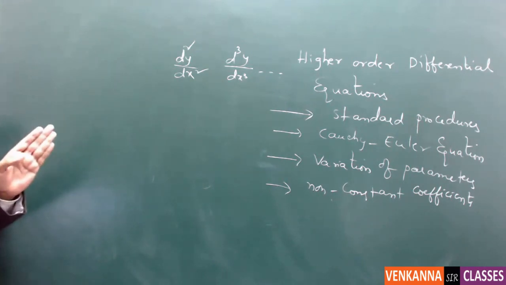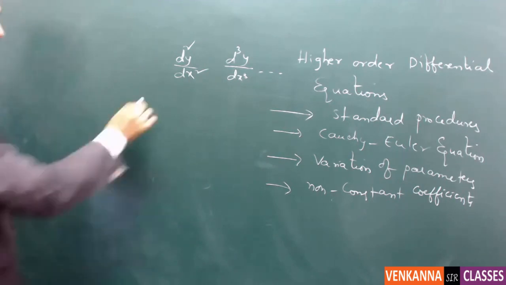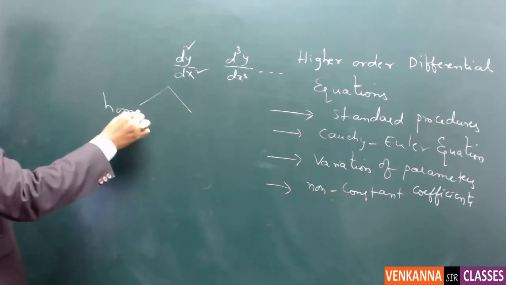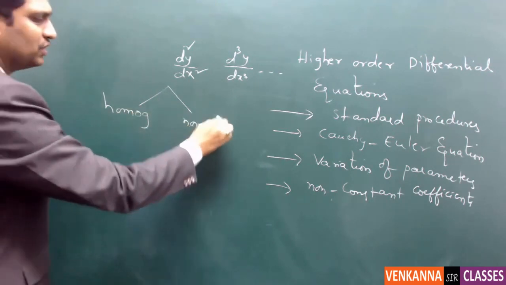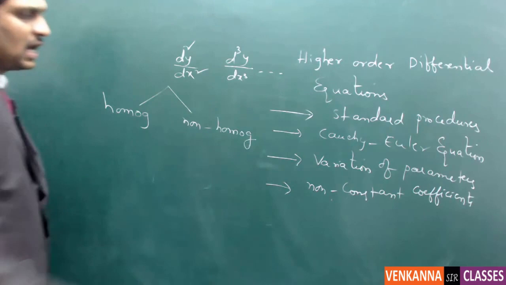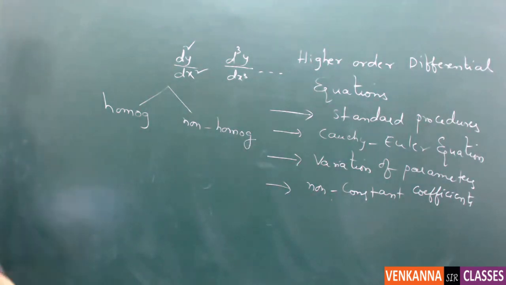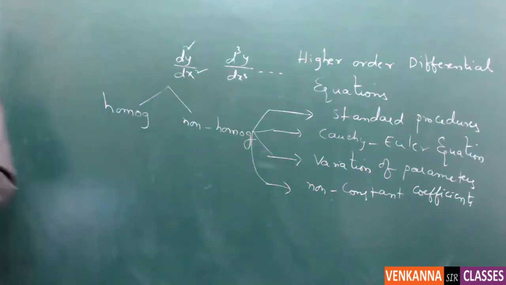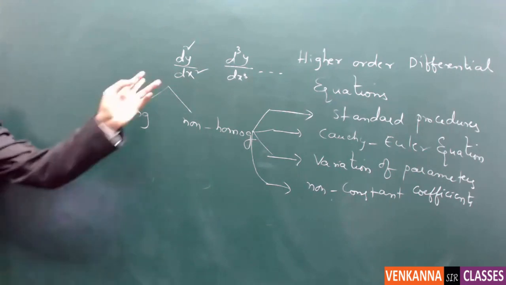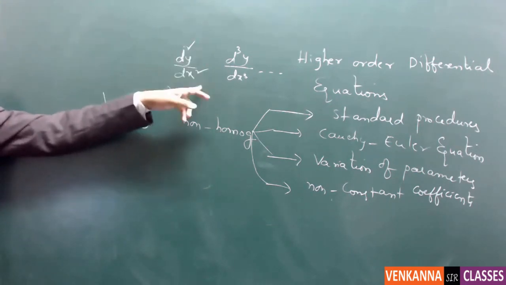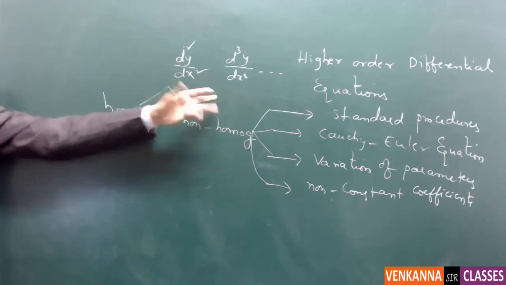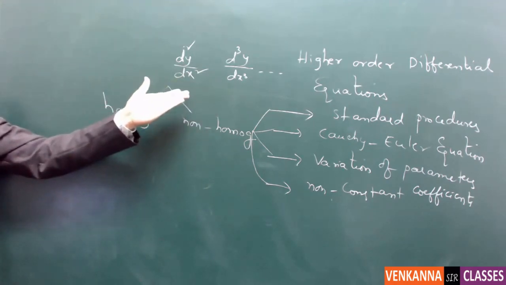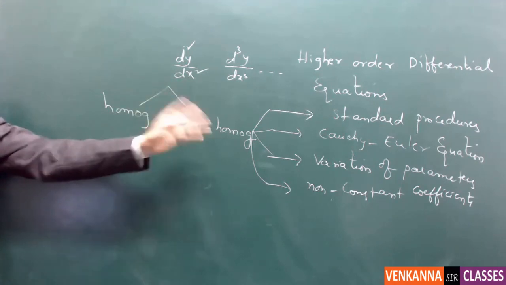The total concept is mainly bifurcated into two parts, that is homogeneous type and non-homogeneous. However, questions are framed only on the non-homogeneous, and these are the categories coming under this part. So a differential equation of higher order is nothing but an equation involving the differentials d square y by dx square, d cube y by dx cube, etc., and having the coefficients in it, either constants or functions.